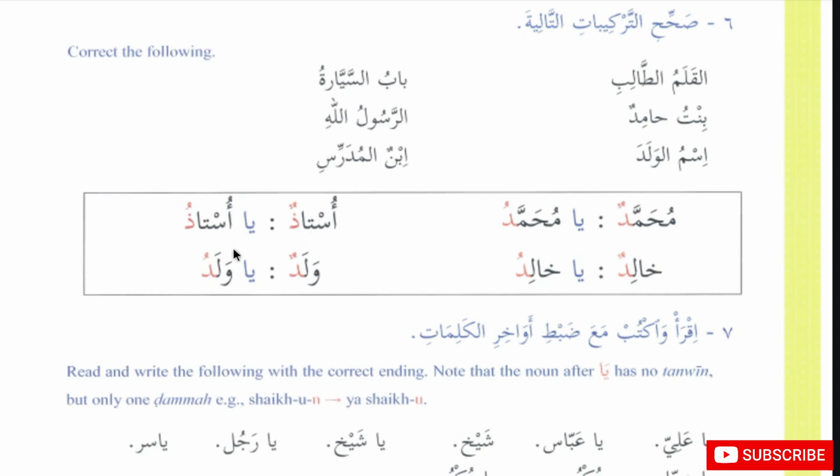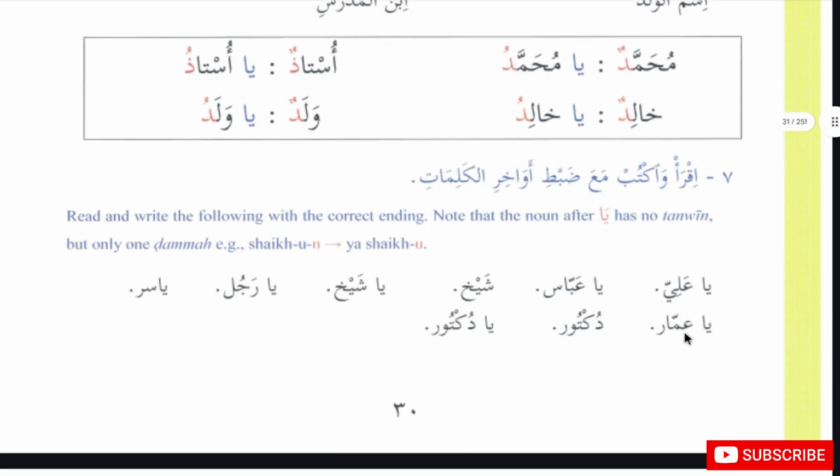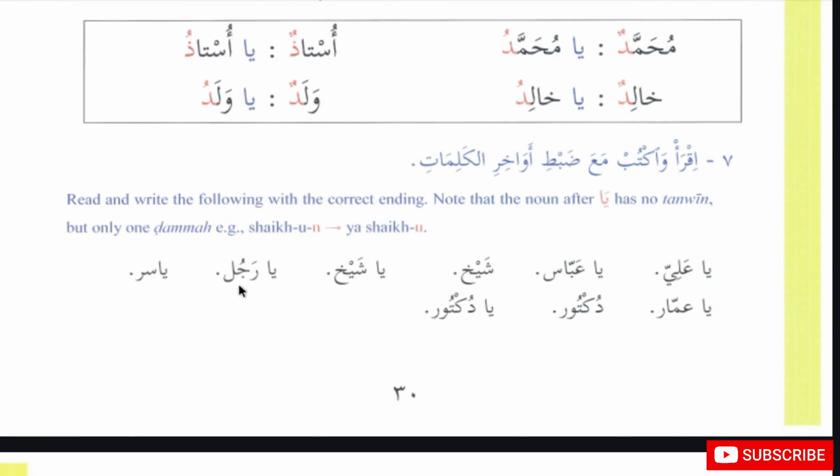Ustadun, ya Ustadu, Waladun, ya Waladu: oh boy, oh Ustad, teacher, oh Muhammad, oh Khalid. So here they want you to practice writing the endings. Ya Dukturu, ya Ammaru, ya Aliyu, ya Abbasu, Sheikh, ya Sheikhu, ya Rajulu, Yasir, ya Rajulu.